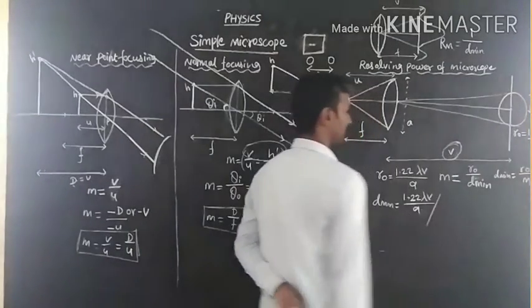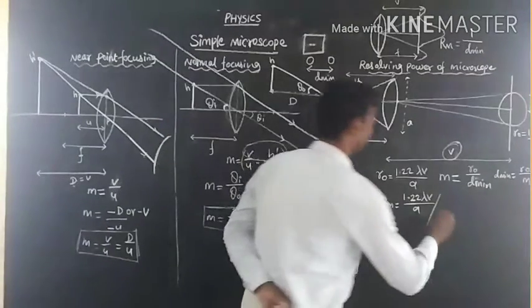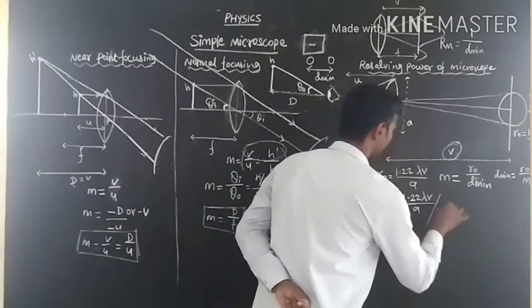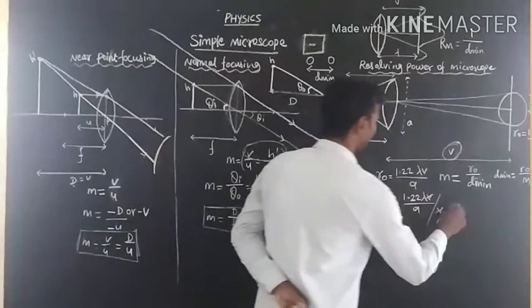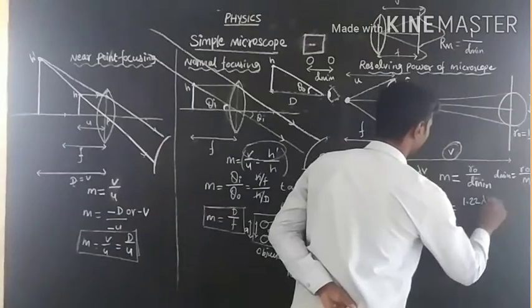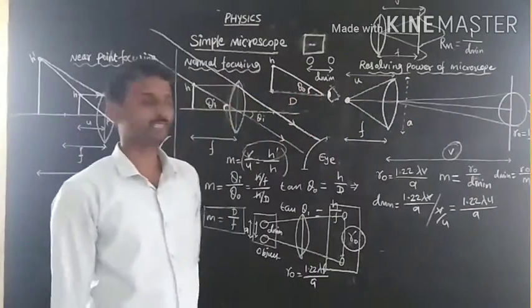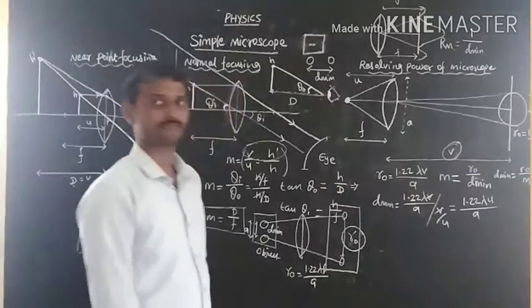The general formula of the magnification m is equal to v by u. So v gets cancelled. Finally, we get d minimum equal to 1.22 lambda u divided by a.